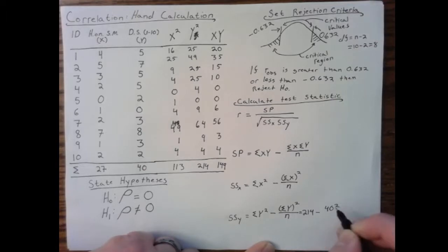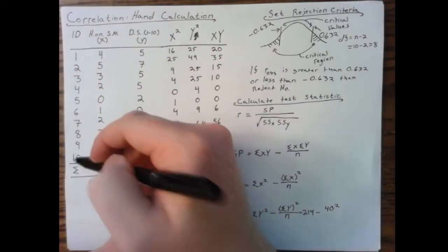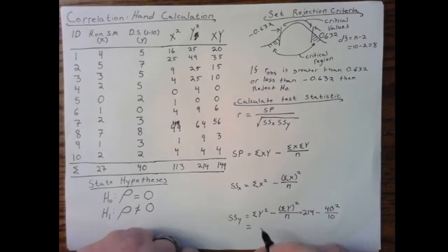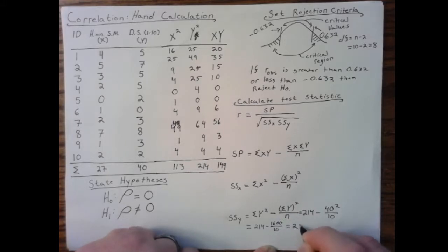And then I have an n of 10. So looking at this and working through it, 40 squared is 1,600 divided by 10 gets me 214 minus 160, which gets me a final value of 54.